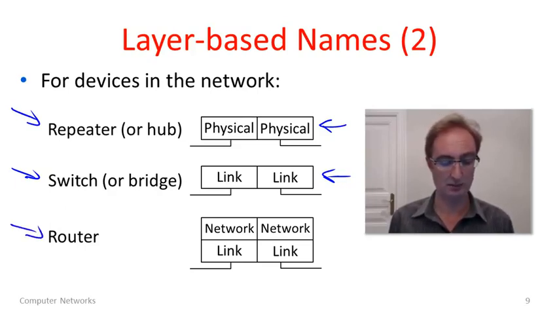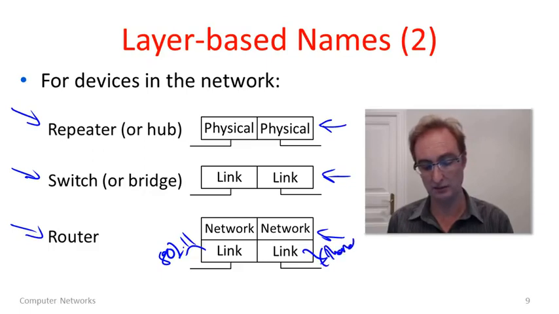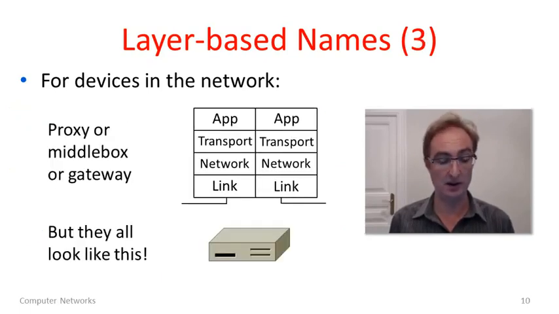Whereas a router operates at the network layer, so it's able to take in and connect instances of different links. So this might be 802.11 and this might be Ethernet. And this is how the router is able to connect different network technologies, by connecting at a higher layer, the network layer. And we can go up even higher.